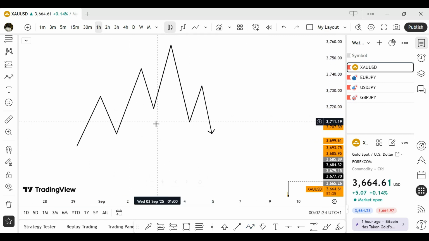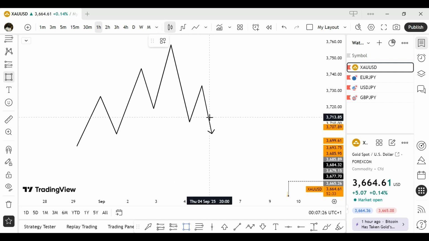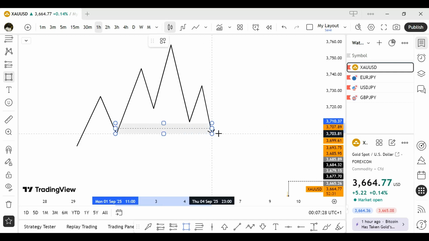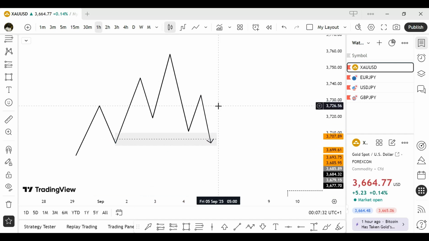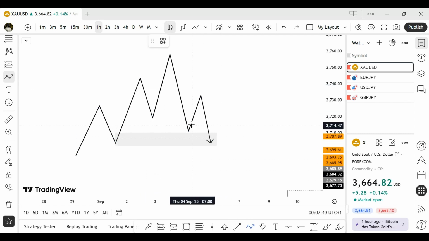Let's say this is the 4 hour time frame and I have my 4 hour order block here. And now market is currently at this 4 hour order block. For me to get my confirmation entry, I have to switch back to 15 minutes to see market change direction from bullish to bearish.